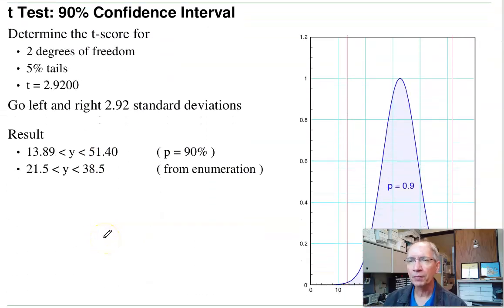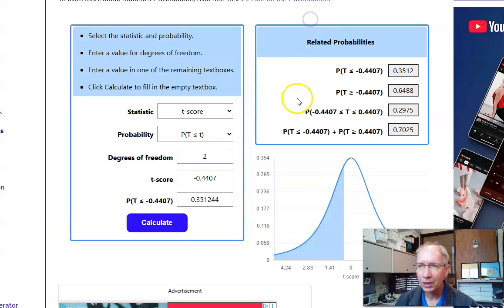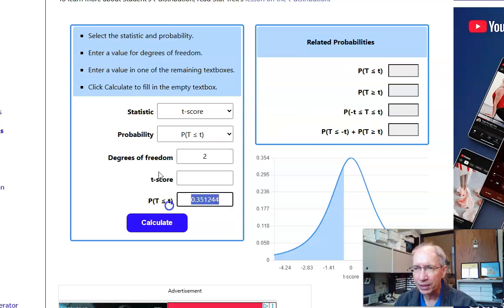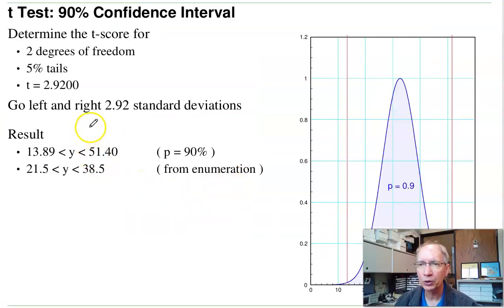To get the 90% confidence interval, I go to a t-table, and for 5% tails, I have 2 degrees of freedom. I want the tail to be 5% for a 90% confidence interval. Gives me 2.9199. That tells me I need to go 2.92 standard deviations left and right.